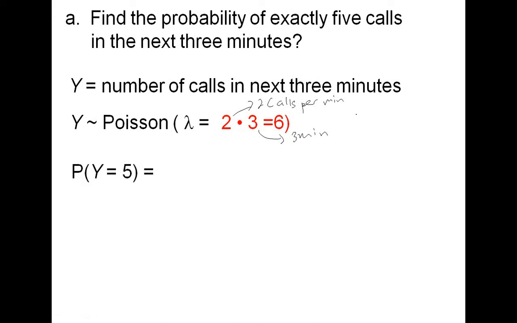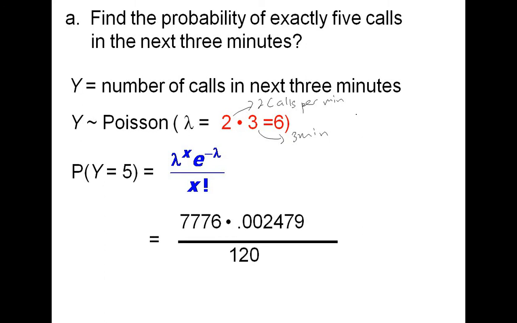Then we substitute inside the formula, lambda power x multiply exponential power negative lambda divide x factorial. Then we will obtain 0.1606.